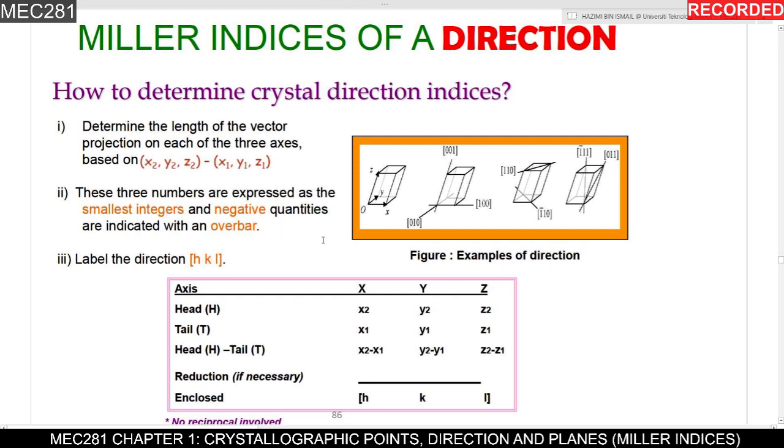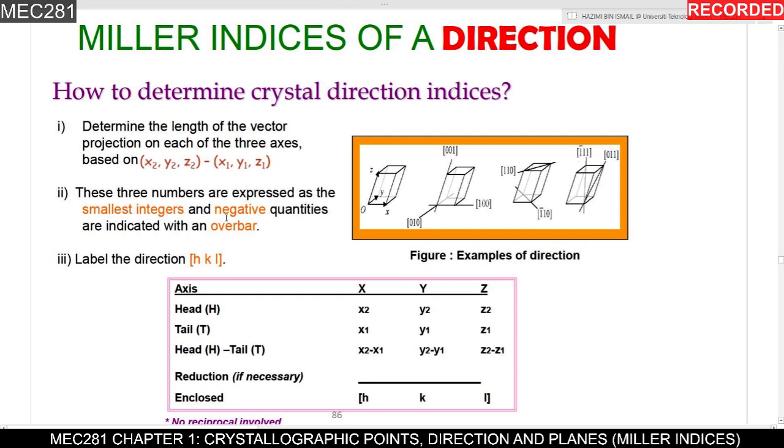Okay, so if you have a negative point, let's say this one is negative 1, you do not put the negative symbol here. You have to put the crossbar above the number 1. So we know that 1 here is negative in value because it has a crossbar over the number 1.